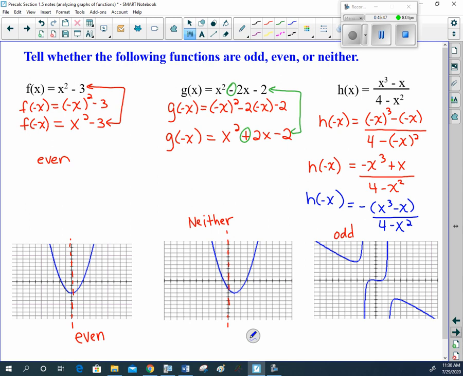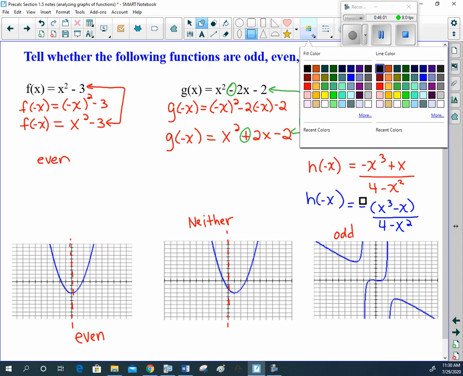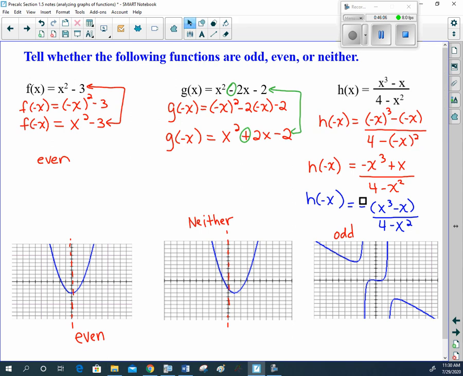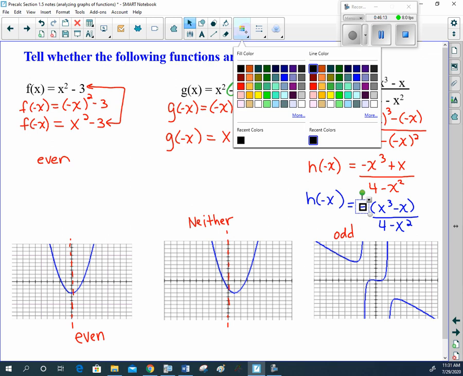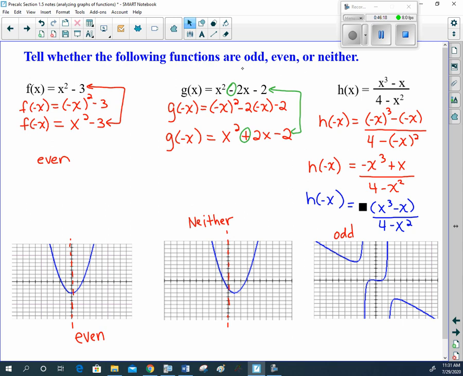It does to me because look, if I cover up this negative sign right here, now it looks identical to the original.